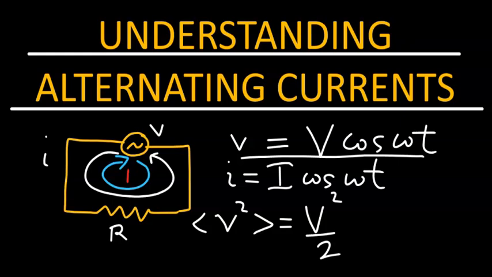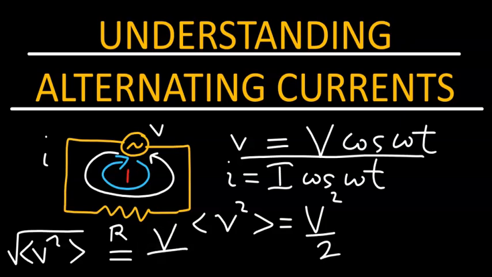So the root mean square value of a sinusoidal voltage is given by the following expression: square root of the average value of the square, and that is quite simply the voltage amplitude over square root of 2. So this is what we call the root mean square value of the oscillating voltage.